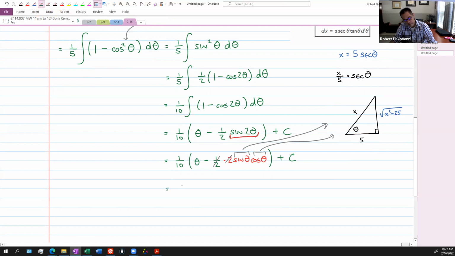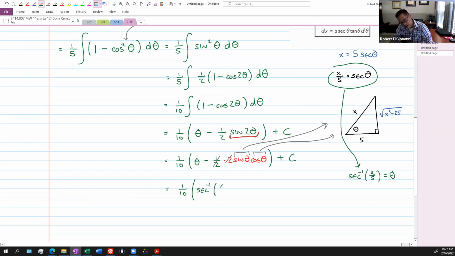So let's see if we can keep going. 1/10 theta. To get theta, I have to go back up to this and do inverse secant on both sides. So I'm going to have inverse secant of x over 5 minus, and now I just read off the triangle.